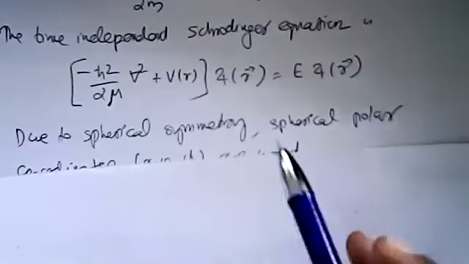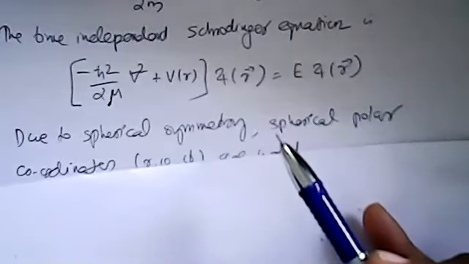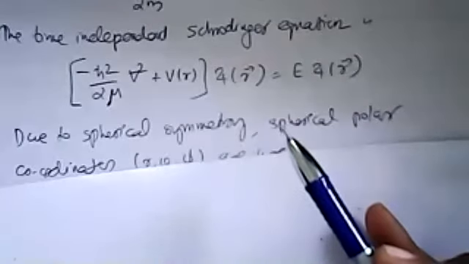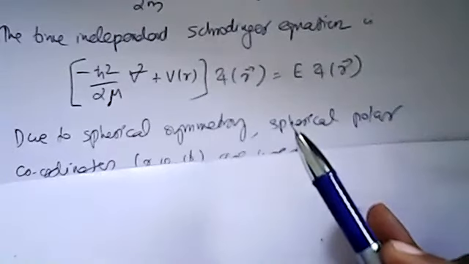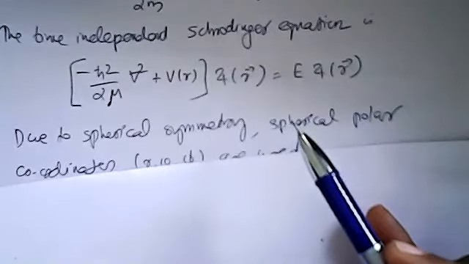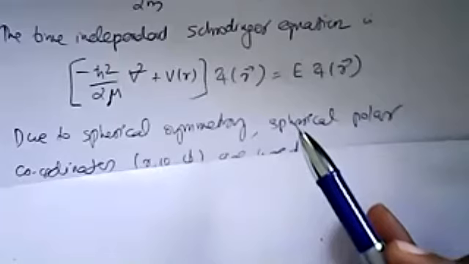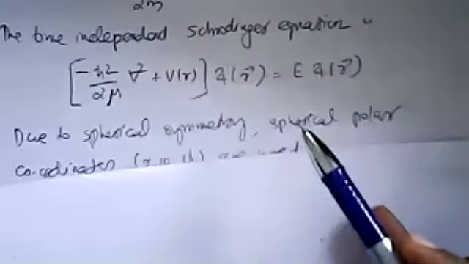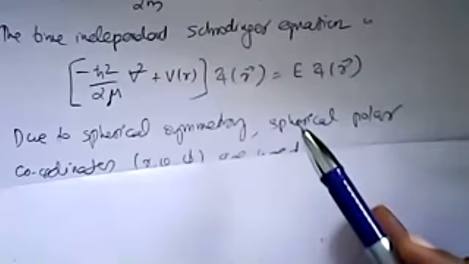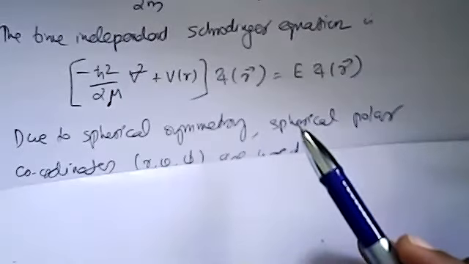Now, since this is a spherically symmetric problem, we normally use spherical polar coordinates. You can solve it in Cartesian coordinates, but the equation becomes very cumbersome, very difficult. If you treat it in spherical polar coordinates, the treatment becomes comparatively easy.